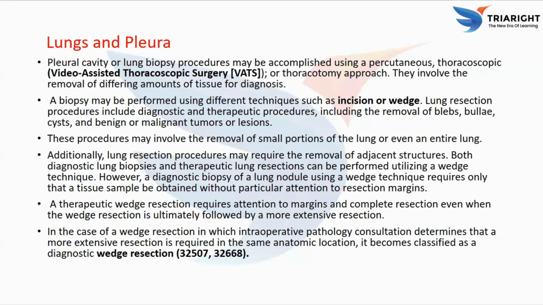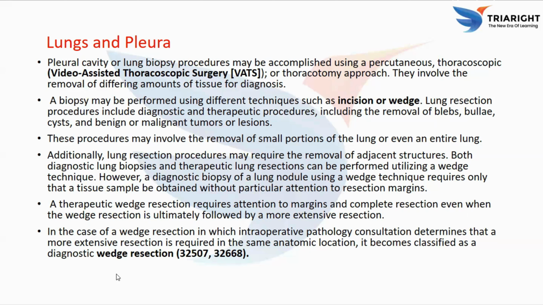It's a minimally invasive procedure, small incisions plus camera, and there will be less pain and faster recovery in the patients, which is very common today. And the third approach is thoracotomy, which is an open chest surgery with a larger incision, used for major resections or complex cases. So the surgical approach often affects the CPT code selection.